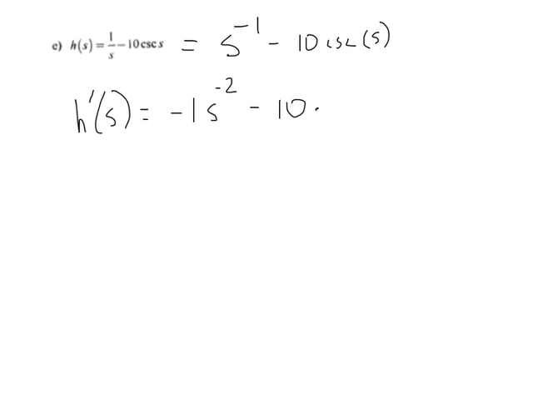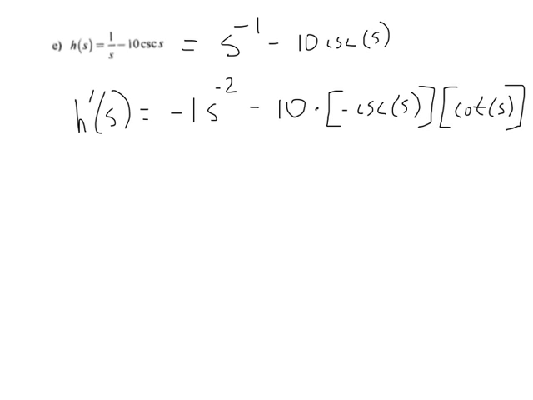The derivative of cosecant is negative cosecant times cotangent. Negative cosecant times cotangent of s. I just like using lots of brackets here just to keep things separate. That is a fine way of writing it.